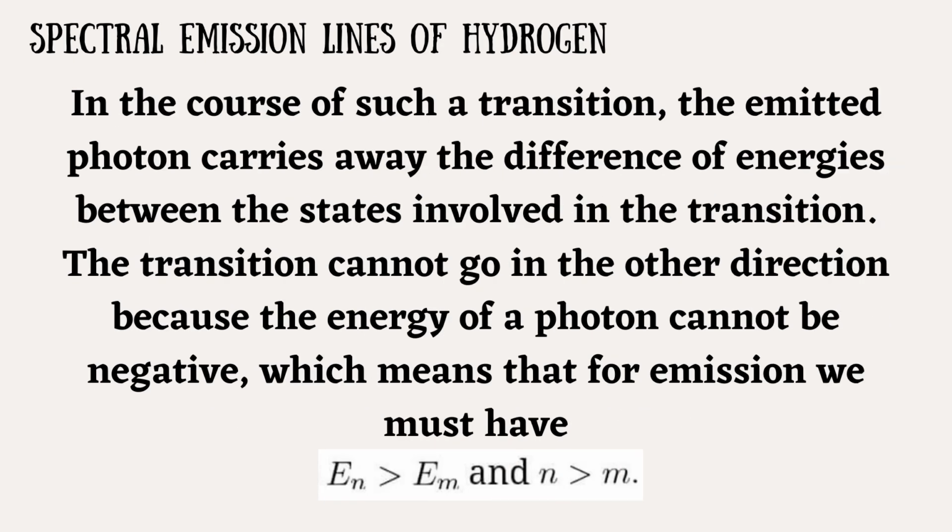In the course of such a transition, the emitted photon carries away the difference of energies between the states involved in the transition. The transition cannot go in the other direction because the energy of a photon cannot be negative, which means that for emission, we must have E_n greater than E_m and n greater than m.